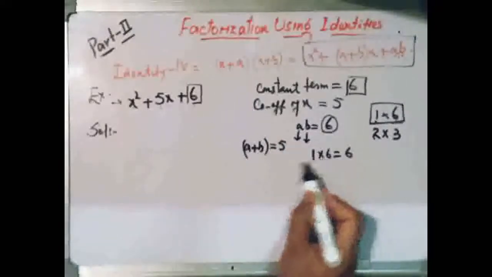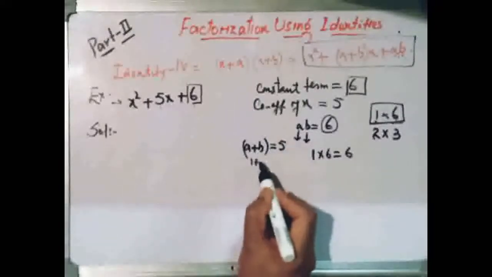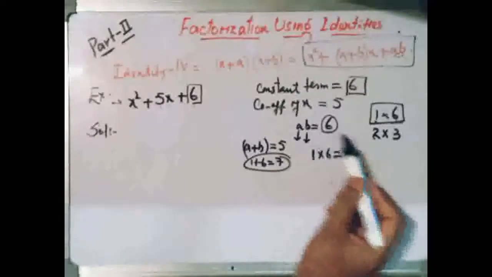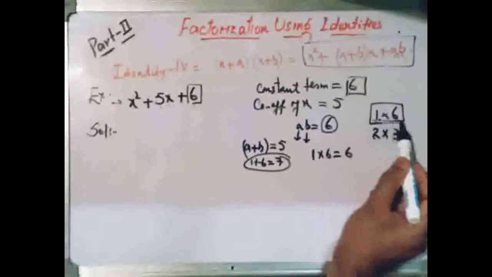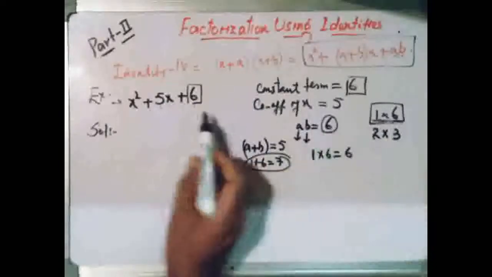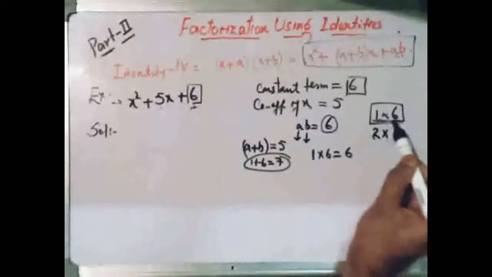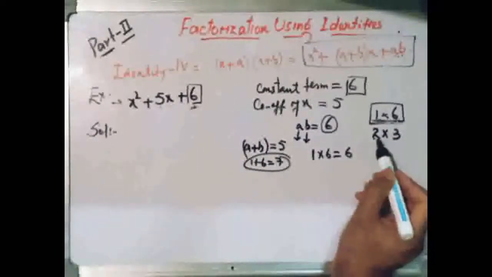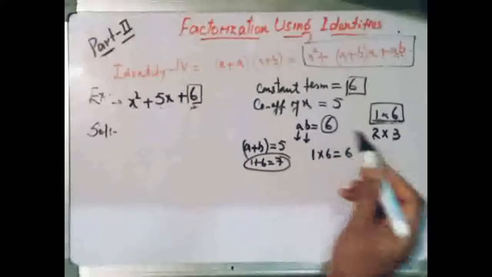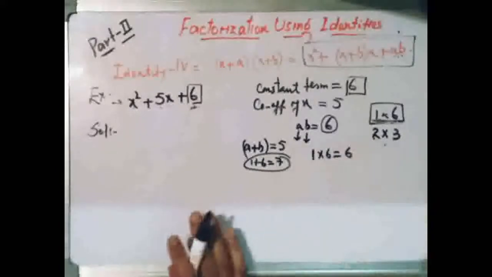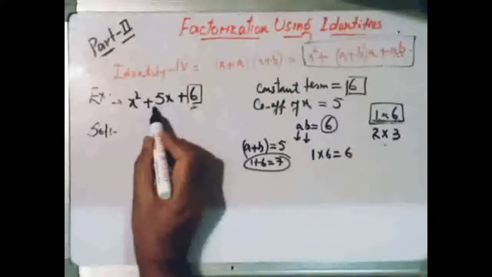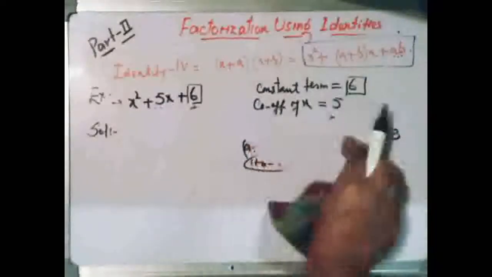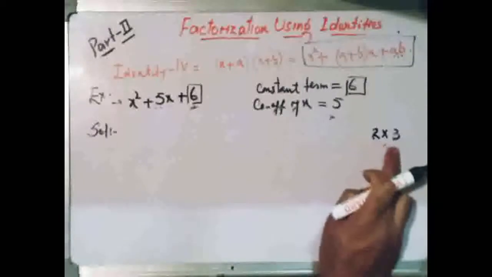Adding these, 1 plus 6 is equal to 7. So you cannot factorize using these two factors. You have to find different factors so that their multiplication is equal to 6 and their addition is equal to 5. So I think the right choice is 2 into 3.